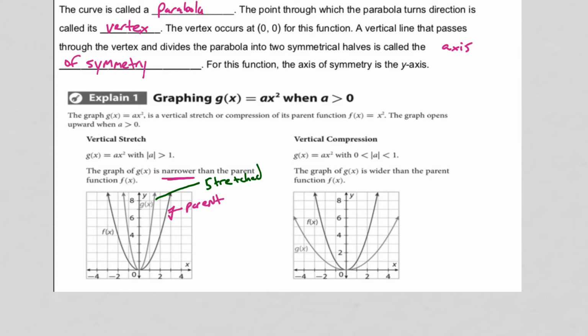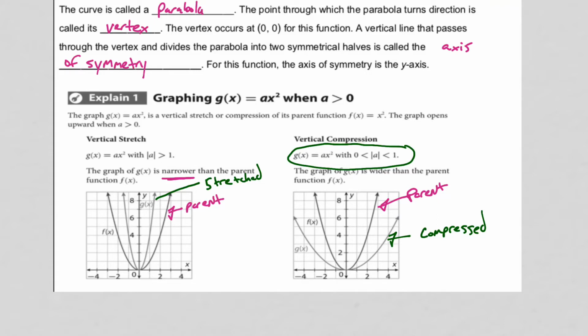Here again is the parent function. But a vertical compression is going to be a fatter graph. So this has been compressed, and that happens when a is between 0 and 1, as described right here.